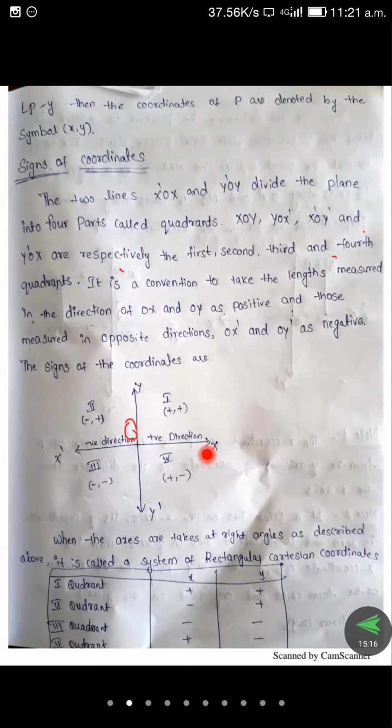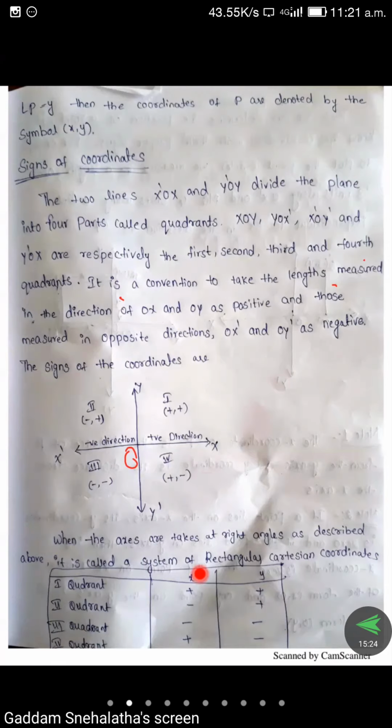Okay, madam. So when the axes are at right angles as described above, we describe it as rectangular Cartesian coordinates. For that, we take the first quadrant, what is x, what is y. I divided the table here. First quadrant, x is plus, so I wrote plus.